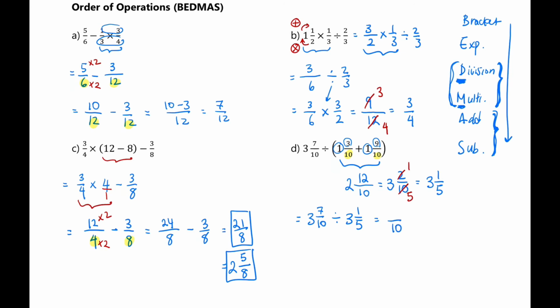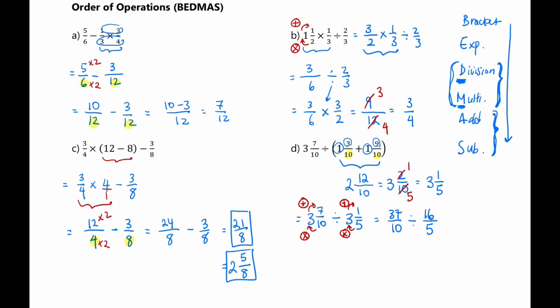We multiply the denominator and the whole number in the front, and then we add the numerator. Okay, so we have 10 times 3 is 30. 30 plus 7 is 37. Divided by, we keep the 5, the denominator, and we multiply 5 times 3, and then we add 1. So we get 16.